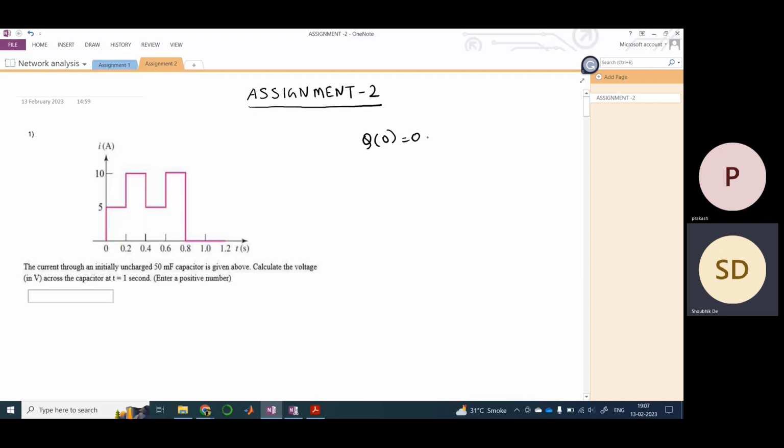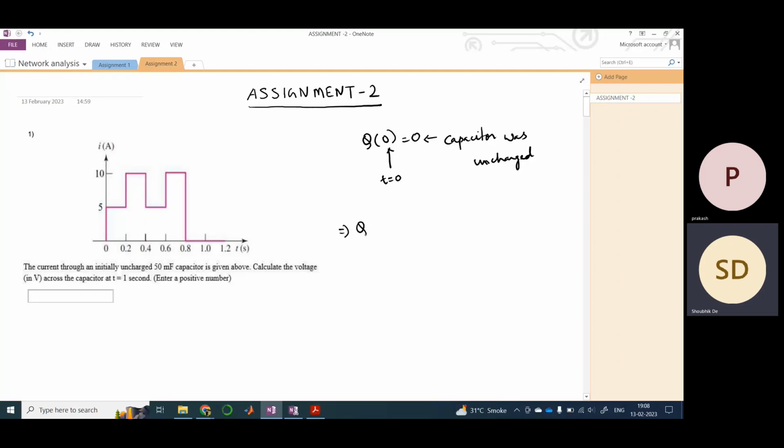It basically represents that this capacitor was uncharged, and this 0 means that at time t equals 0 the capacitor has a charge of 0 coulomb. So we know how the voltage, capacitance, and charge of a capacitor are related.